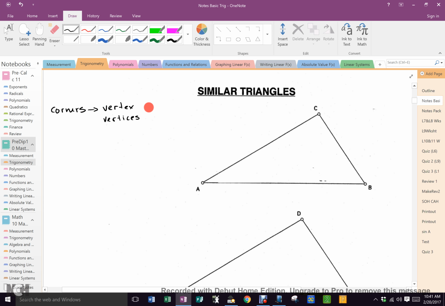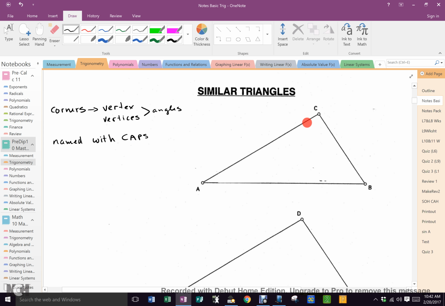And vertices are angles. So this triangle has 3 angles, and they are named with caps. So this triangle ABC.